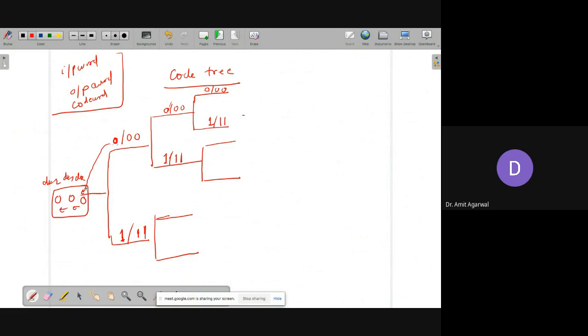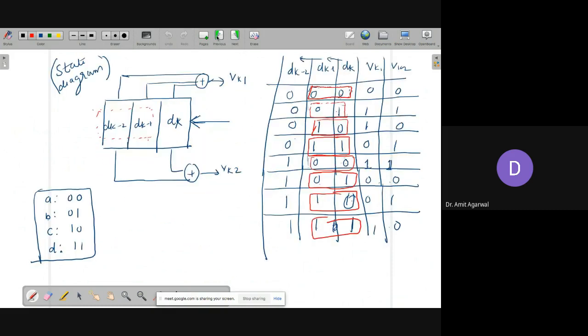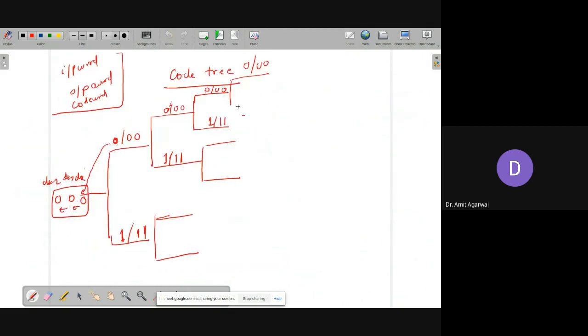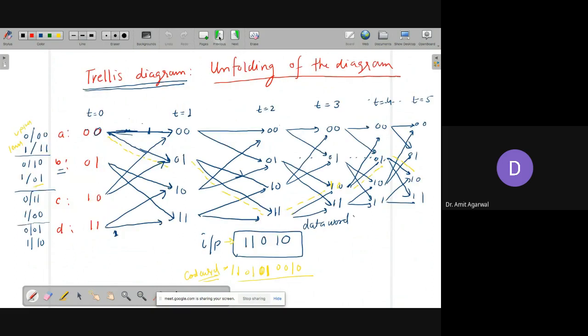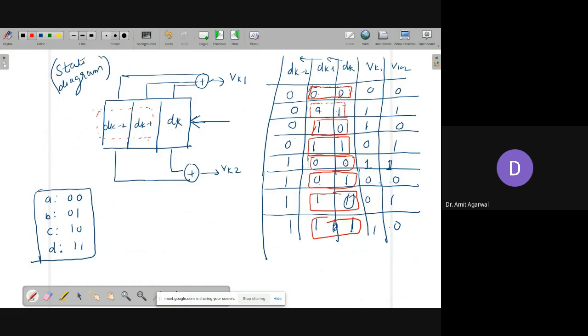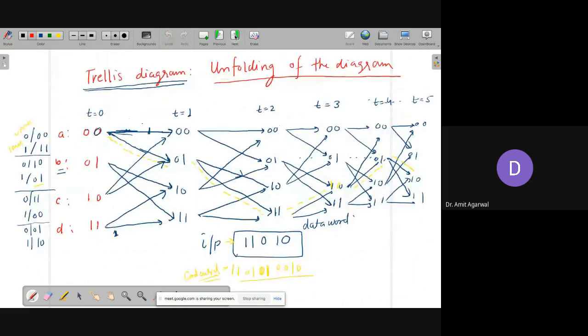So last 3 states we will see. So now 0 0 0, and again if you start 0 0 0, it always gives you 0 0. In code tree, the way is a little different. If you start like this one, you see only last 3, 1 0 0, 1 0 0 always gives you 1 1.